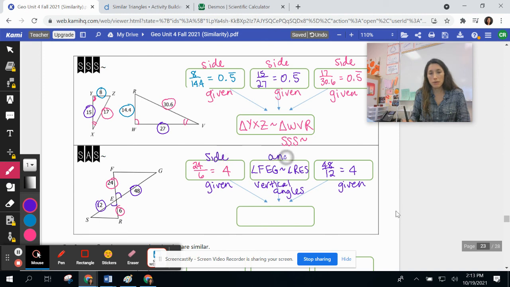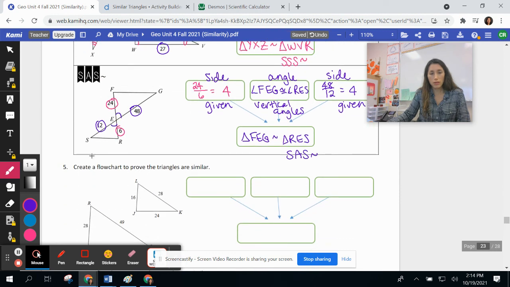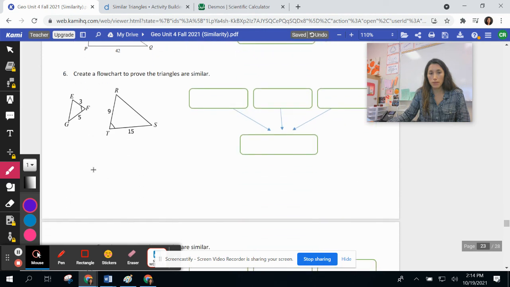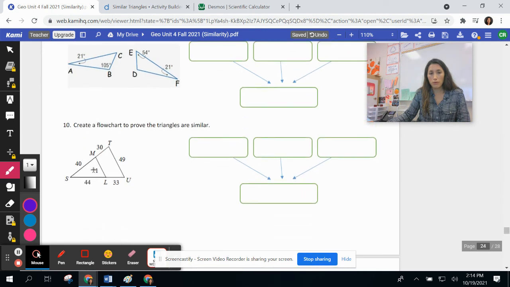This is an angle statement, and this is a side proportionality statement. These triangles are therefore similar, and I'm just going to turn my angle statement into a similarity triangle statement, RES, and that's because of side, angle, side similarity. Okay. So now you're just going to be working through the rest of these flowcharts, proving if these triangles are similar all the way through this page here.